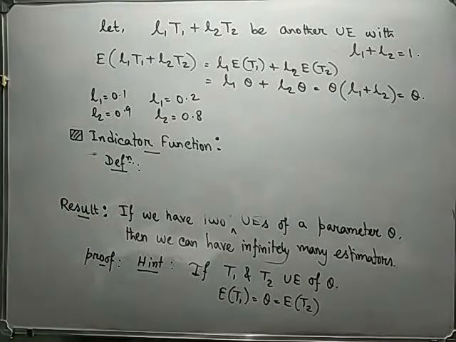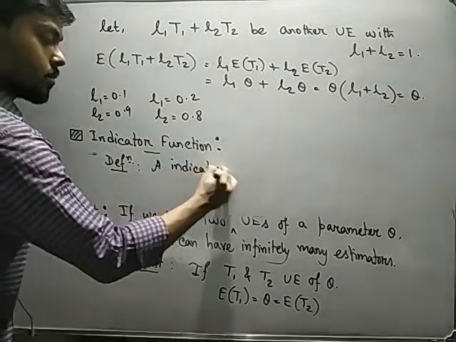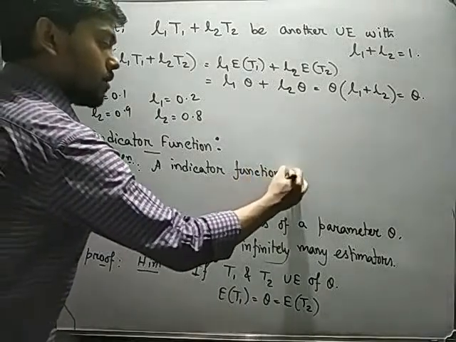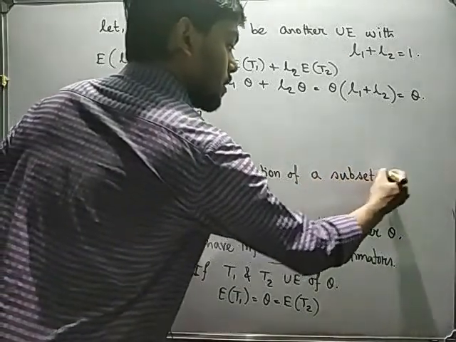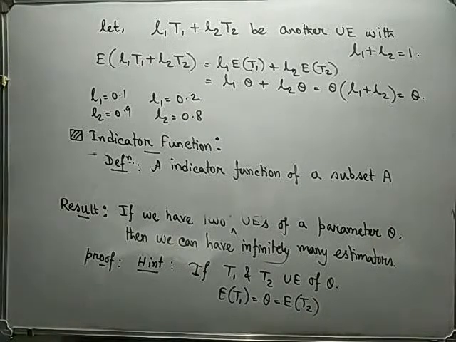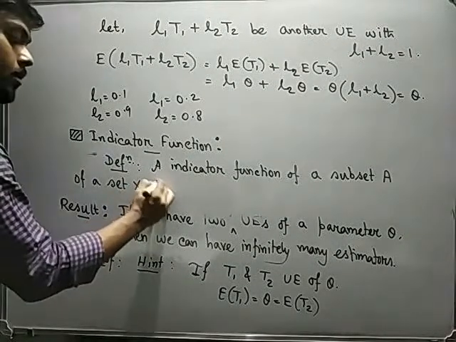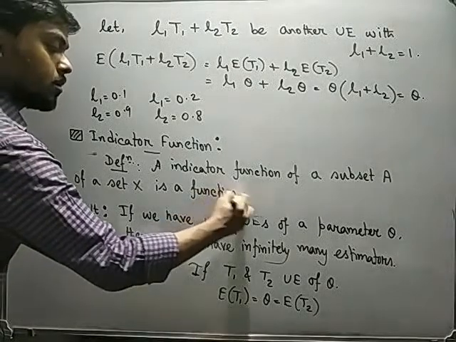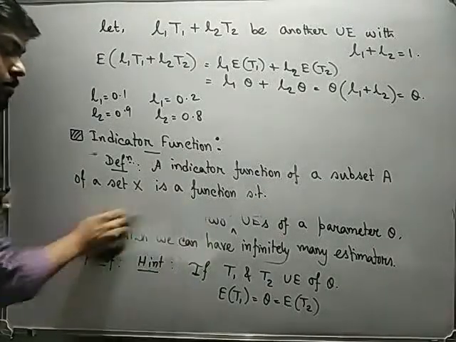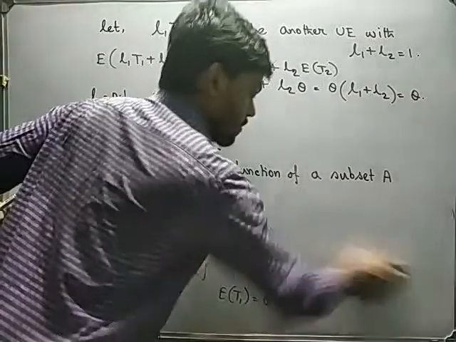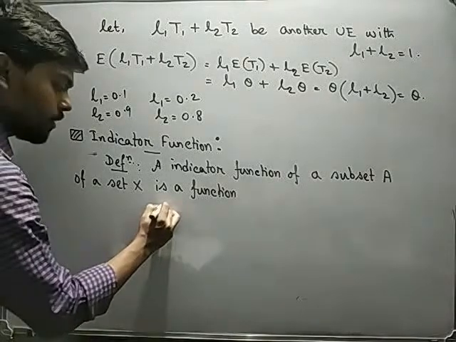A definition. An indicator function of a subset capital A of a set capital X is a function, denoted by 1A.